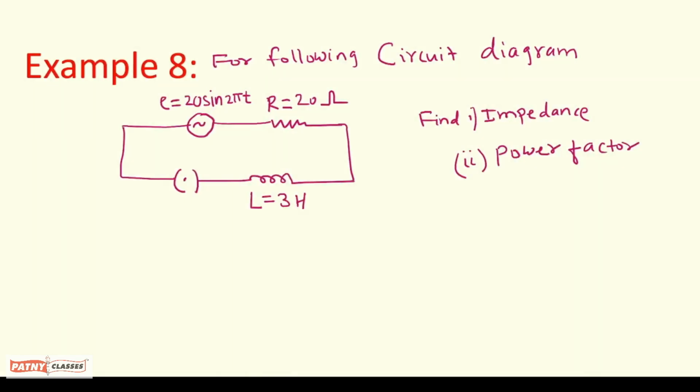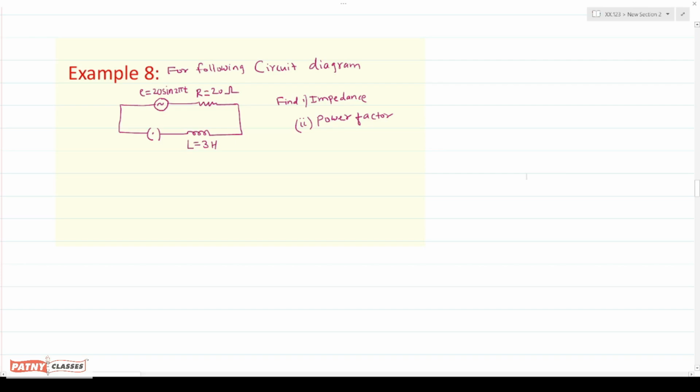Example 8. For the following circuit diagram, find impedance and power factor. Here supply EMF is given by E equals 20 sine 2 pi t.